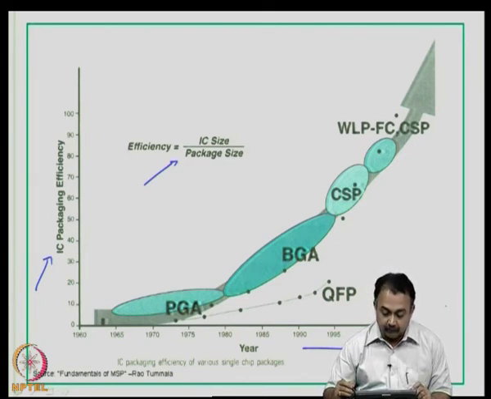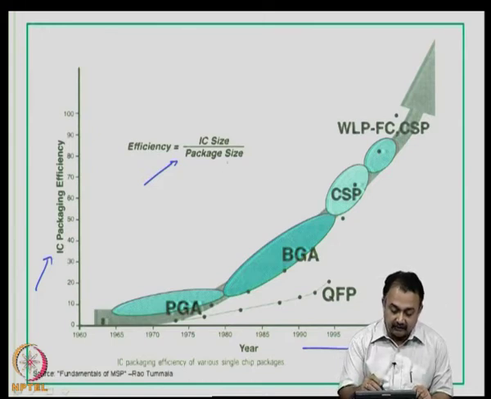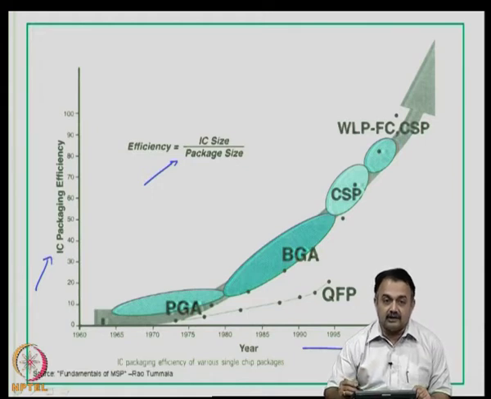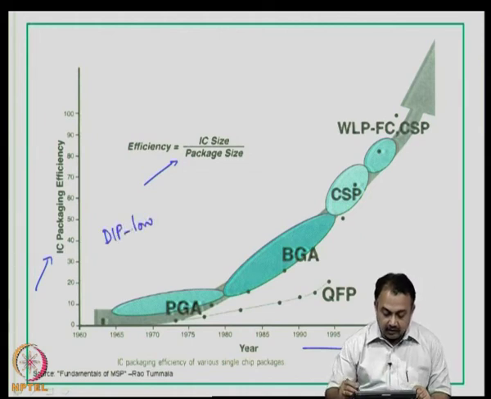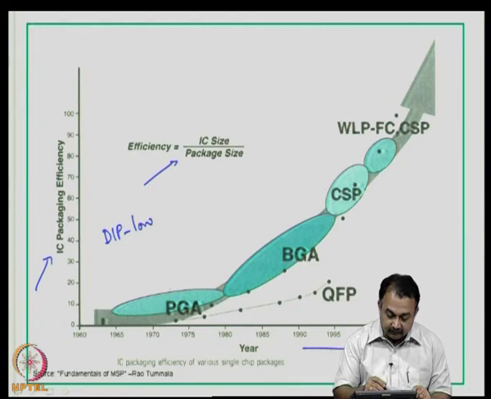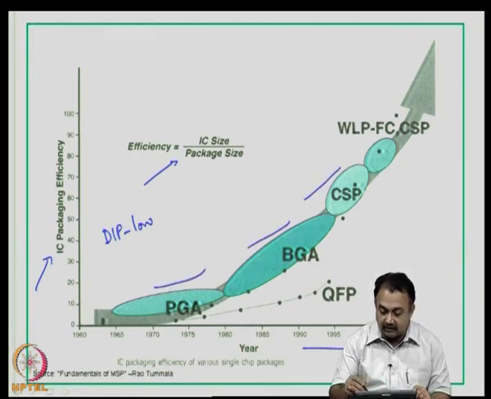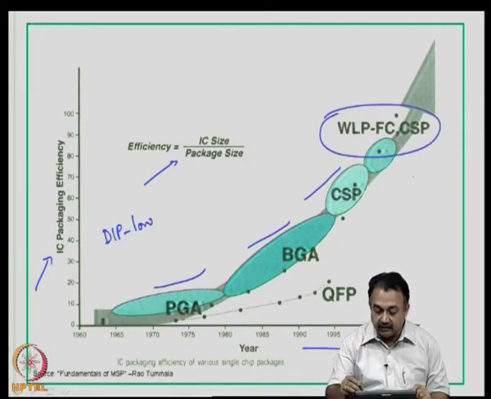Obviously, in a DIP package, the package size is very large compared to the IC size. That is why in a DIP package the efficiency is low. So, the efficiency increased slowly through the PGA, through a BGA and then a CSP, and finally, at a wafer level CSP, the efficiency is very high.